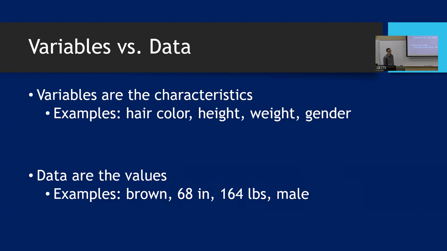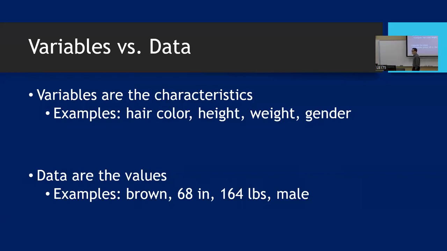What individuals assume for their hair color, what their height is, what their weight is, what their gender is. The specific values that each of those takes on for any individual are the data.